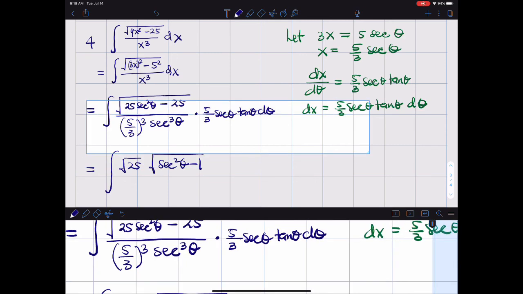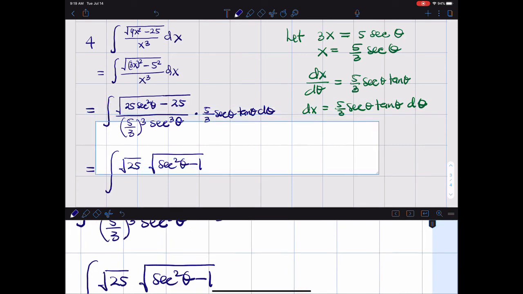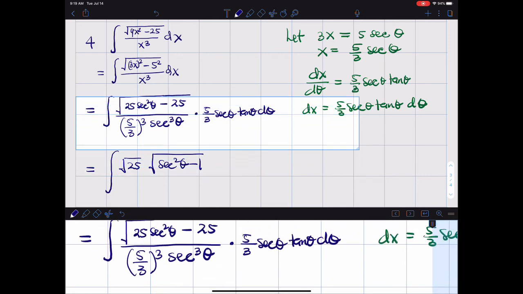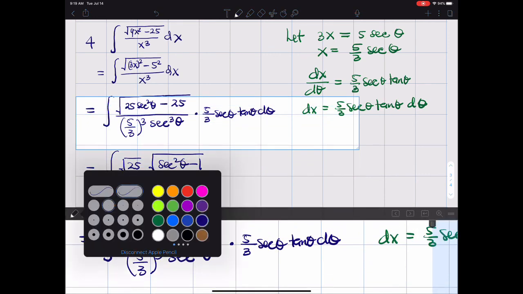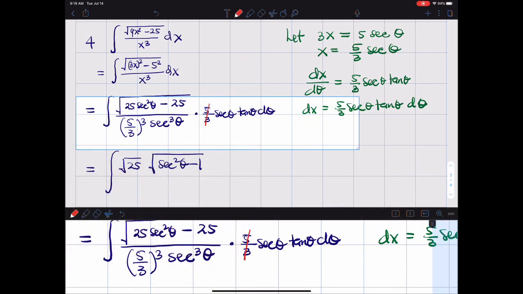Why not? So that we can cancel things a little bit more neatly. We can cancel this and cancel one of those, and it just becomes 2.